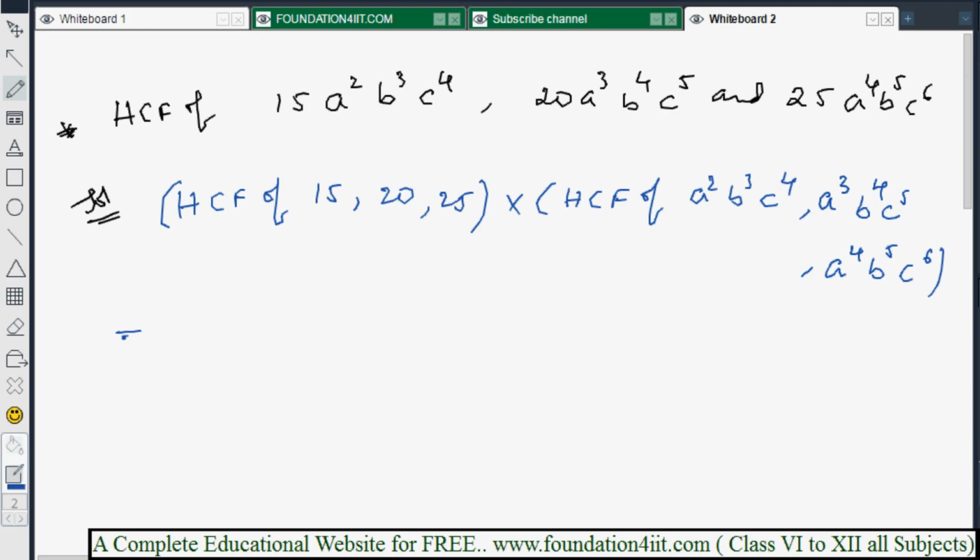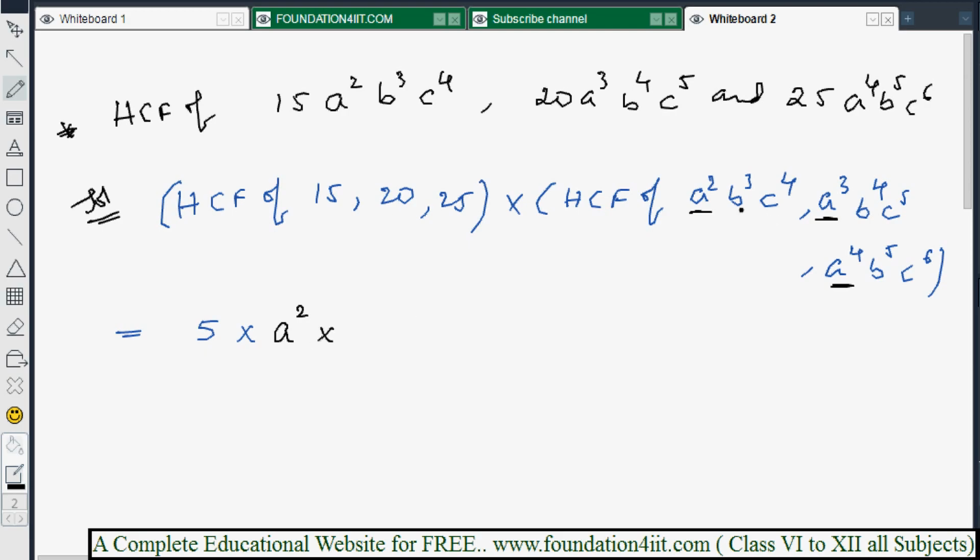Now the HCF of 15, 20, 25: the highest common factor is 5, because 5 is the common factor for all three numbers. And for the HCF of the a powers, a square, a cube, a to the power 4, the highest common power is a square.